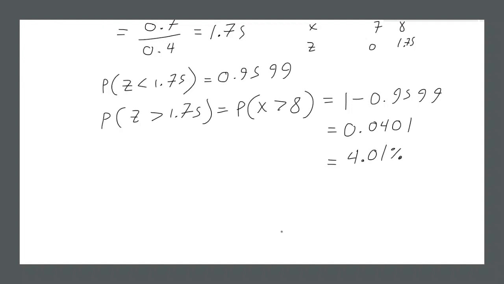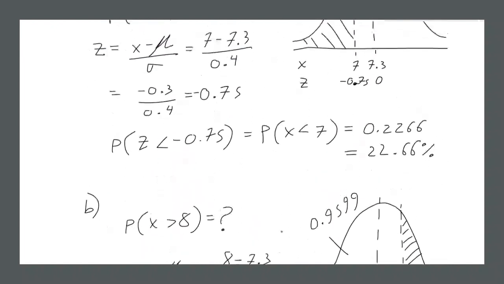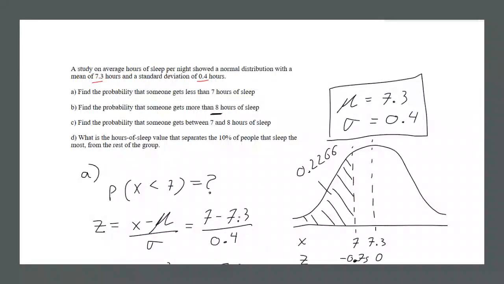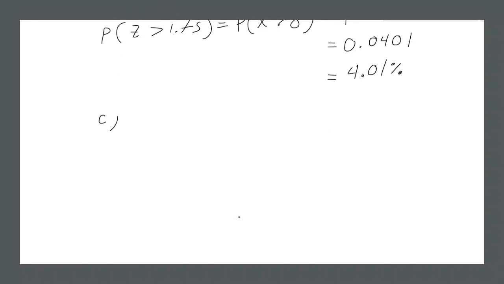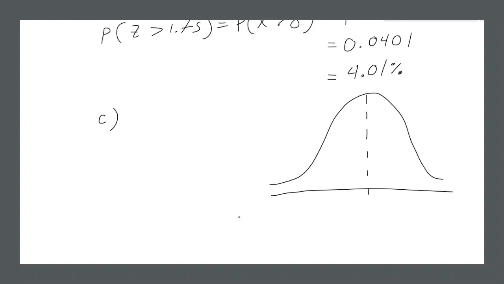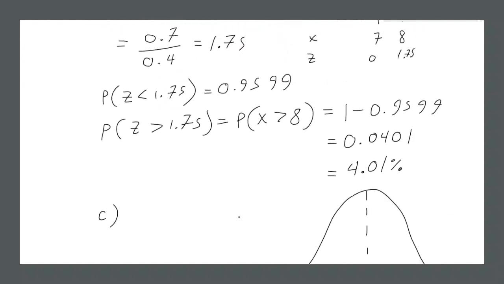Now, on to part C. Part C asks, find the probability that someone gets between 7 and 8 hours of sleep. Again, we'll start by drawing the picture. There's our normal distribution. There's 7.3 in the middle.